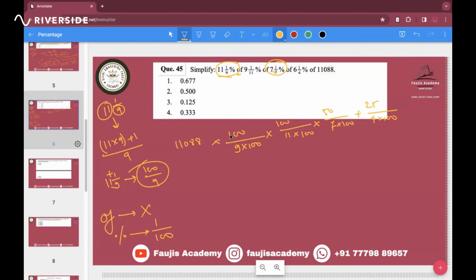Now try eliminating all the zeros. This one will go, this one will go. 50 will go 2 times and 25 will go 4 times.